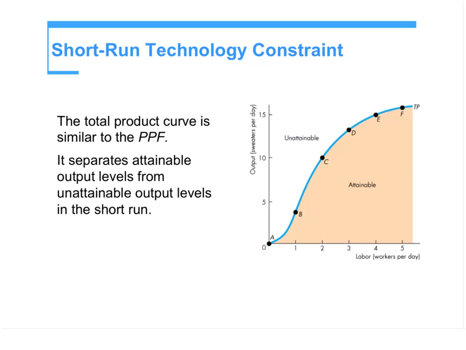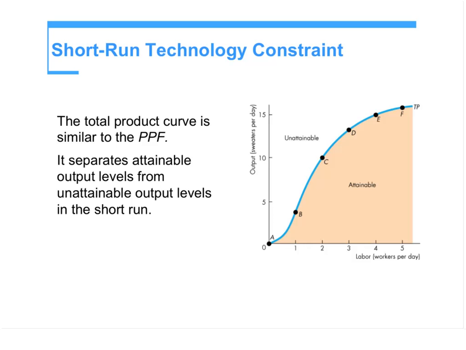We have efficiency, opportunity, marginal rate of transformation. All that was discussed last session. So in a sense, the total product curve is similar to the production possibility frontier. We had attainable and non-attainable. So it separates attainable output levels from unattainable output levels.